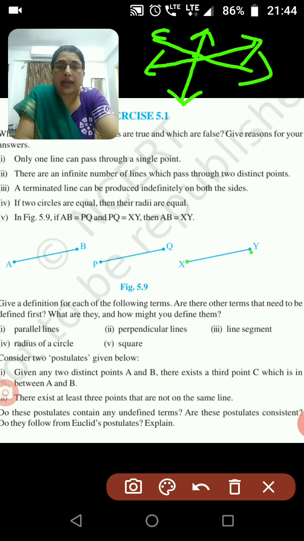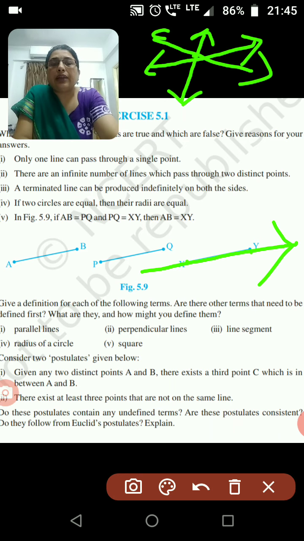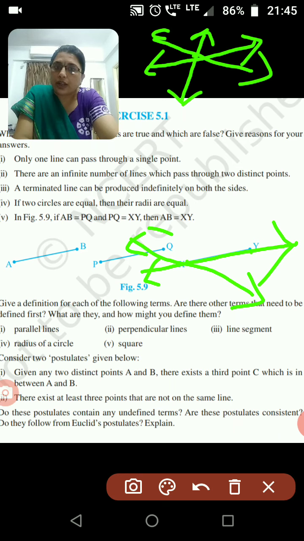They want to say that there are a number of lines passing through both points, but here we can see that only one line we can draw. We are not able to draw any other line. If I draw one here, then this line is passing through X but not through Y. So this is also a false statement.